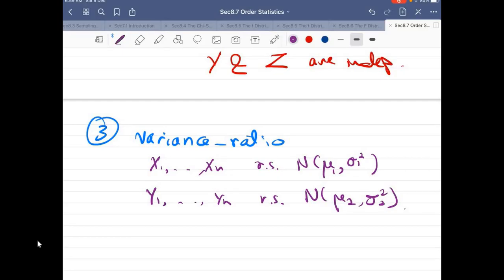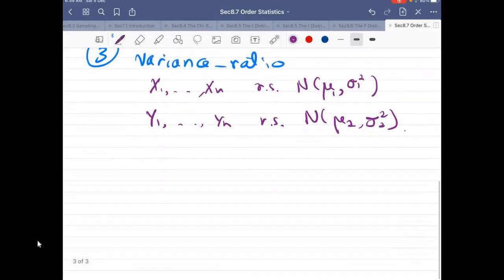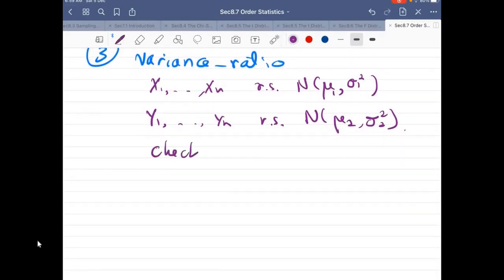We want to check whether the two populations have equal variance or not, so we want to check whether sigma 1 squared equals sigma 2 squared.